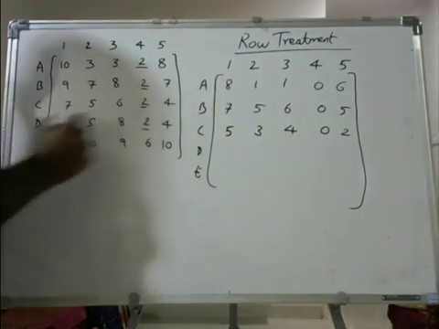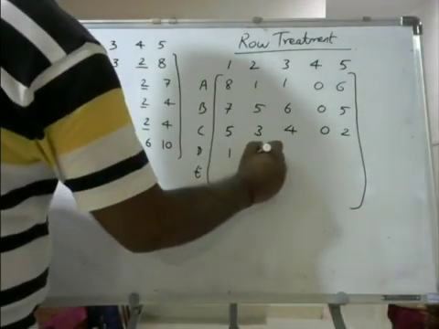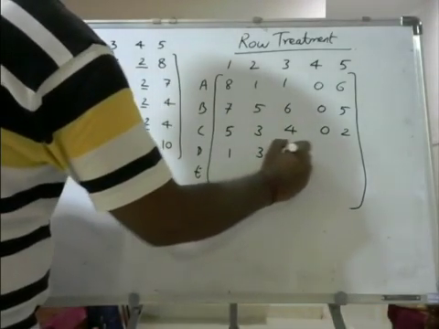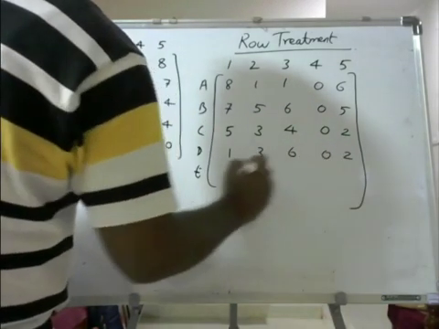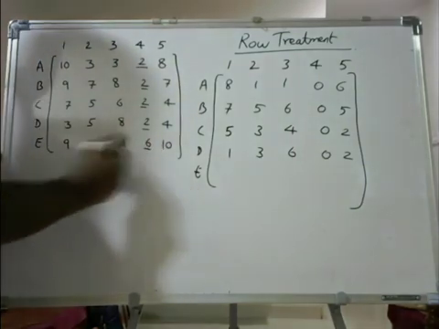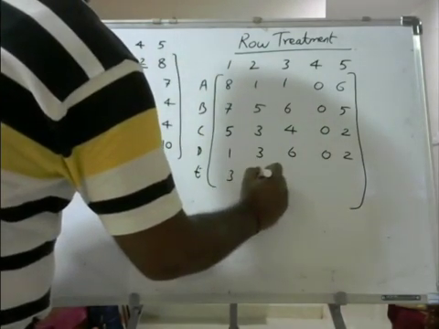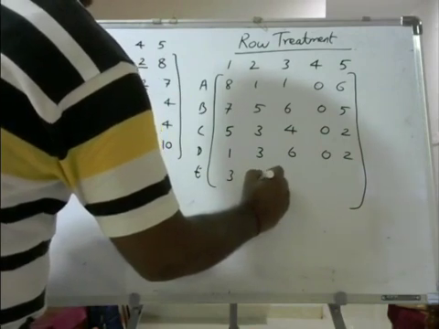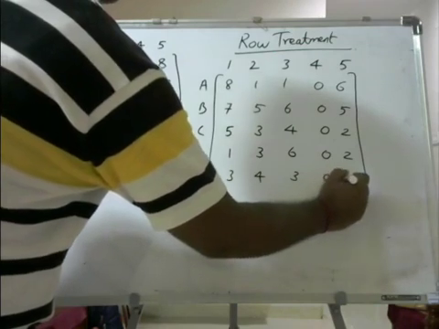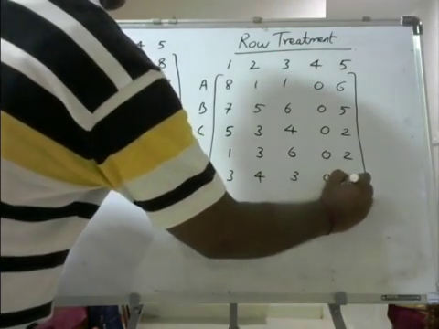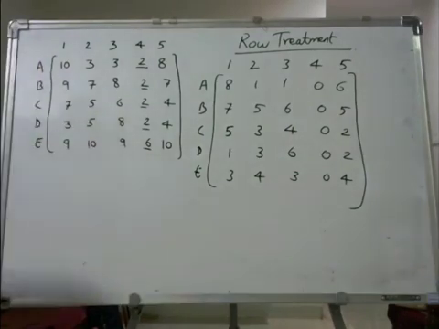Here also it is 2. Here it is 6, so 9 minus 6 is 3. So now you have done the row treatment.